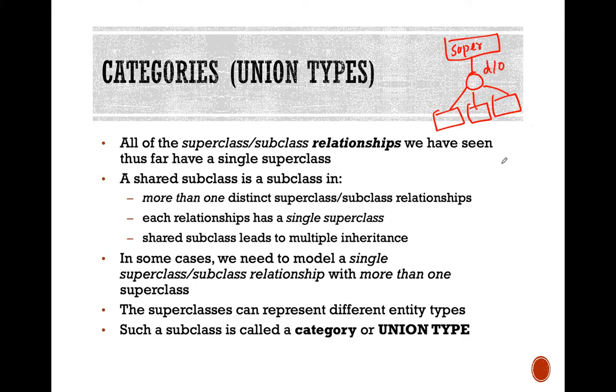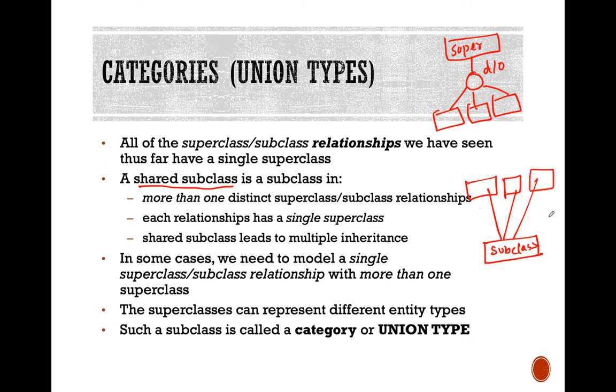But here we are going to see a different type of specialization or generalization, an example of a shared subclass. It means we can have one subclass, but that one subclass can have multiple superclasses.